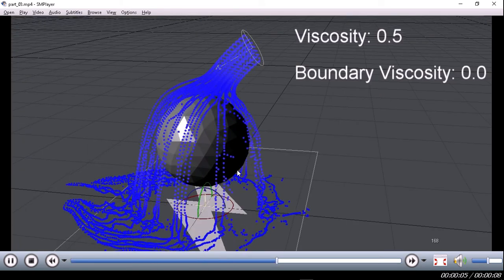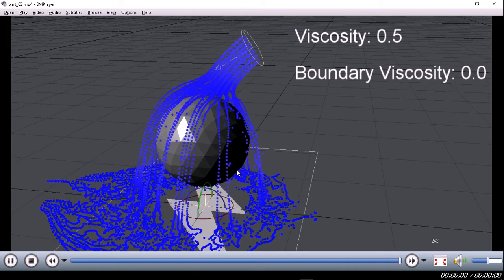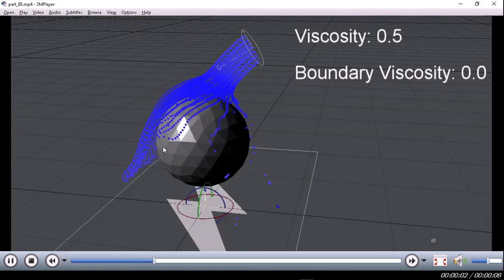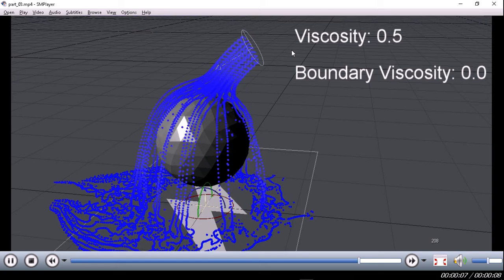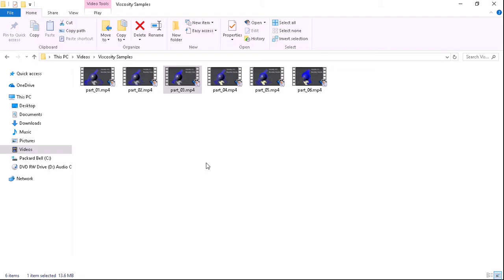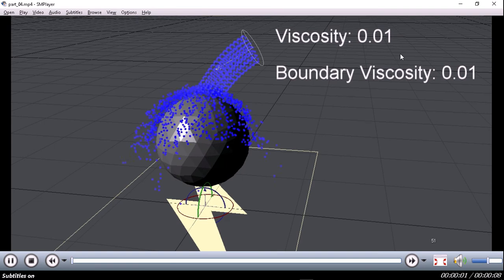You can make the Eulerian solver divergence free, but it's going to take longer, and that's a topic for another video. But this type of viscosity actually won't respect that type of divergence, so it's recommended to stay 0.5 and below.